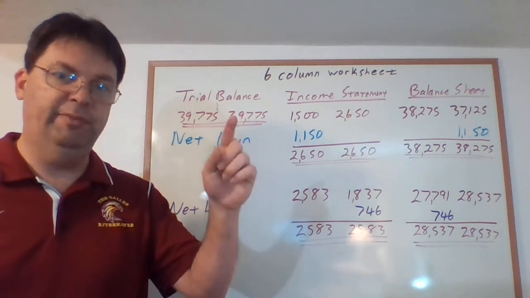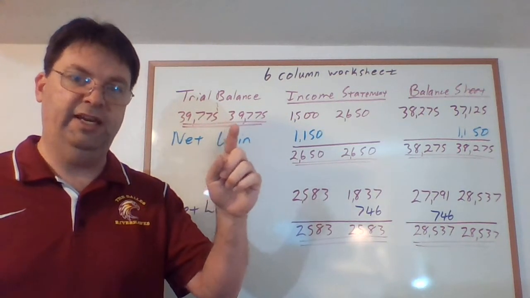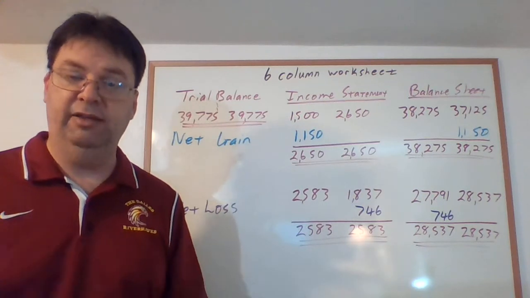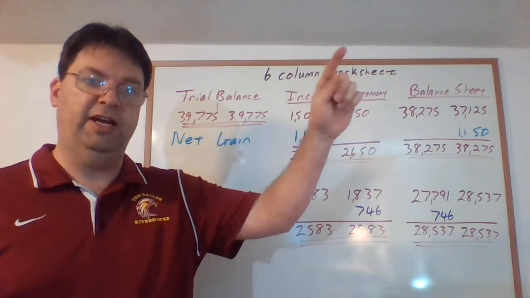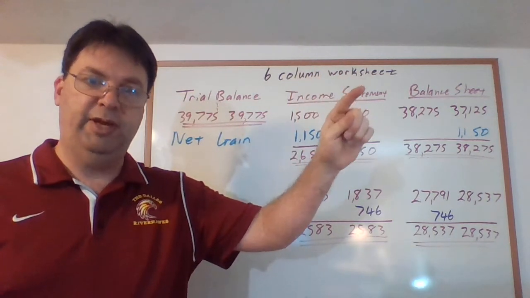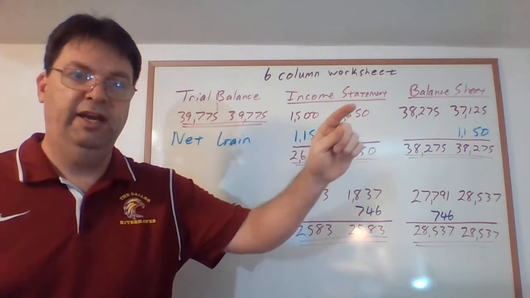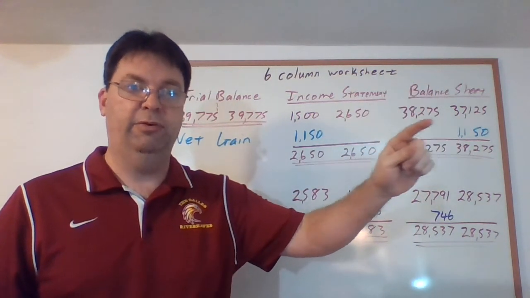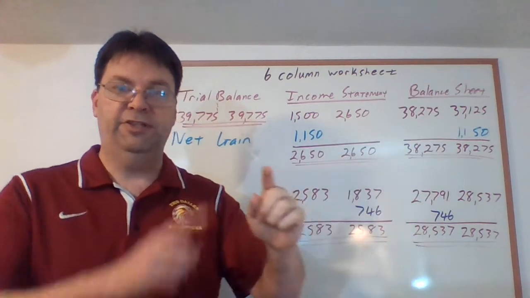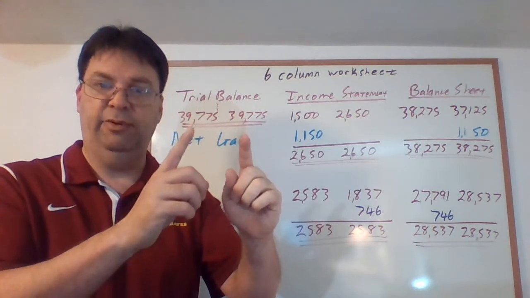So if you go to the bottom of the trial balance, you'll see it's balanced, and we've done our trial balance there, and then we've also put numbers up top for revenue and expenses, and we totaled those, and all of our permanent accounts, assets and liabilities and capital, and we totaled those. And you'll notice the trial balance came out equal, it matched.